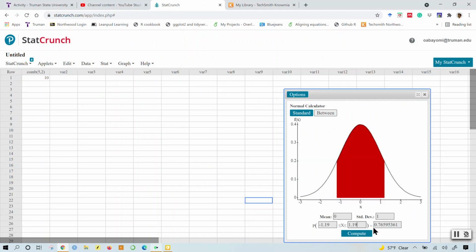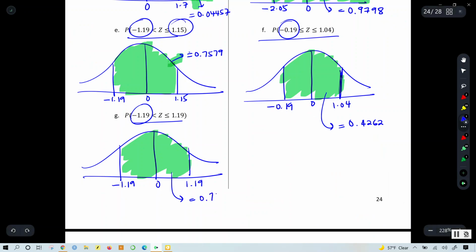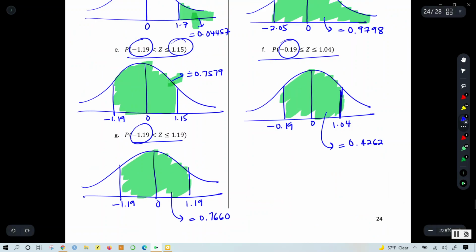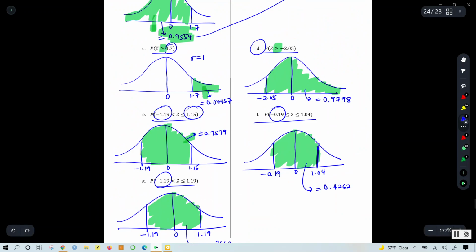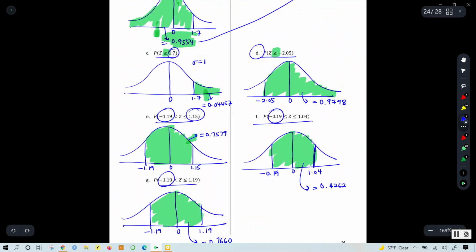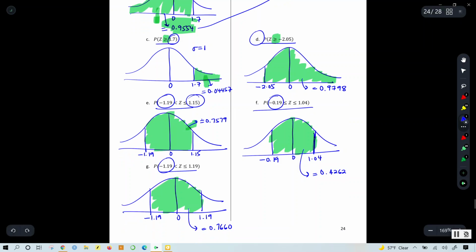I'll have 0.7660, because taken to 4 decimal places, this 0.7659 becomes 0.7660. And we are done with that question. So this gives a quick exercise or set of problems relating to the standardized normal random variable, which we're going to be using a lot later in the inferential part of this course.